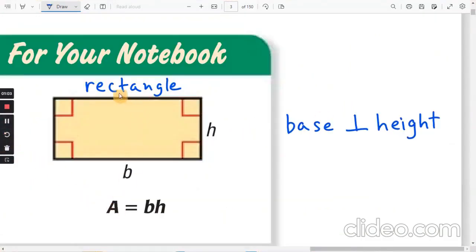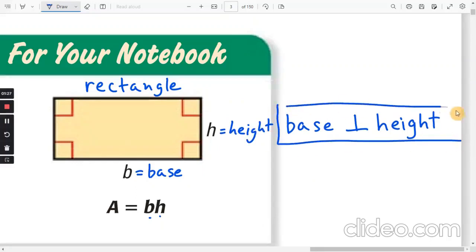So for the area of a rectangle, the area is just the base times the height. Lowercase b is basically just the length of the base, and lowercase h is just the length of the height. Between the base and the height, you want to remember that they are always perpendicular to each other.